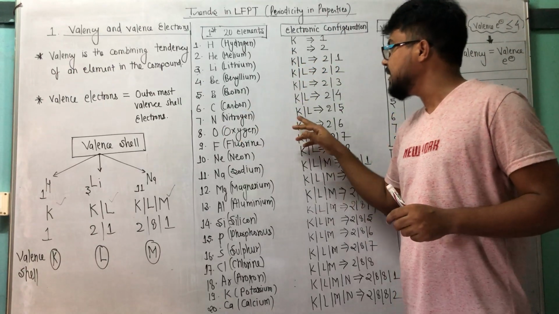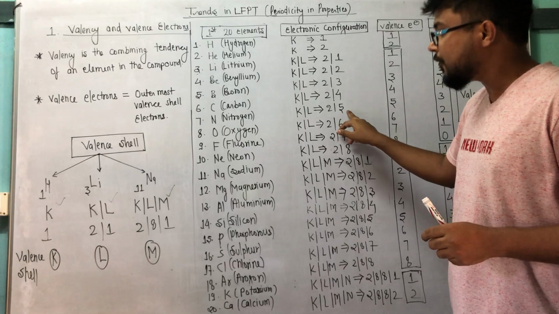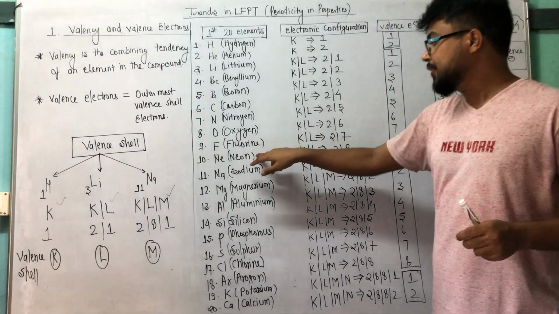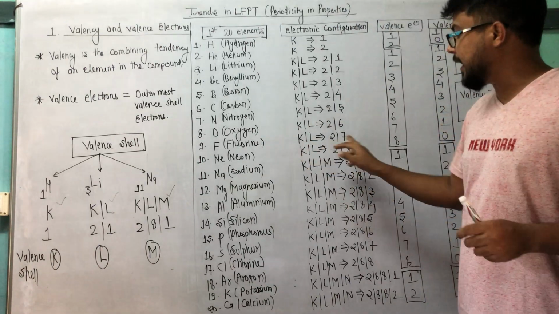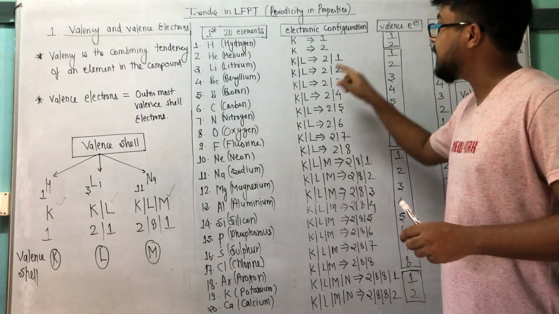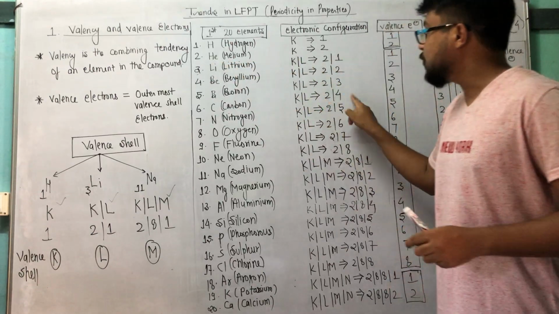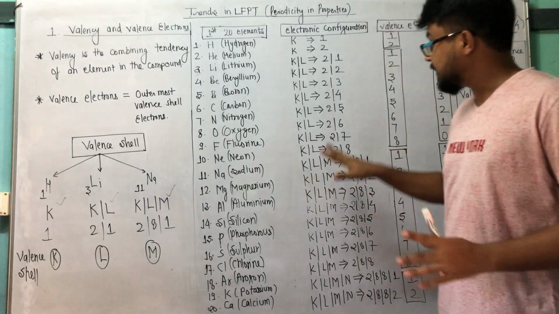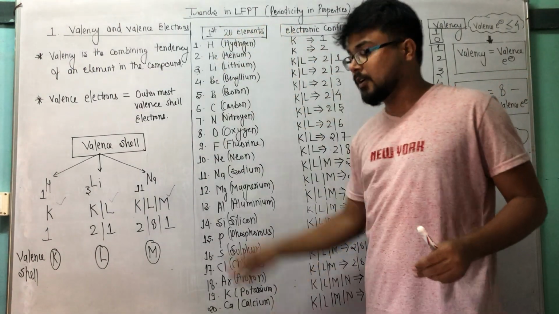Similarly, for nitrogen K2 and L5, for fluorine K2 and L7, for neon K is 2 and L is 8. The sum will be its atomic number: 2 plus 1 is 3, 2 plus 5 is 7, 2 plus 7 is 9, 2 plus 8 is 10. Correct? The sum of the electrons will be its atomic number.